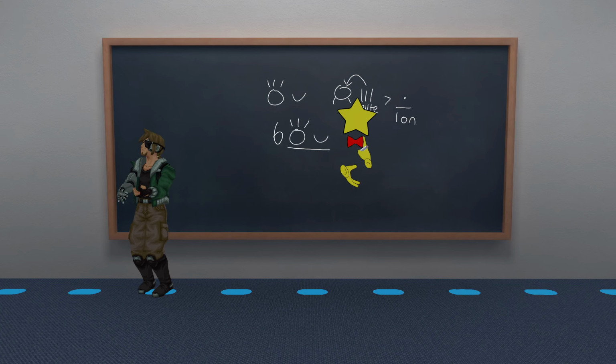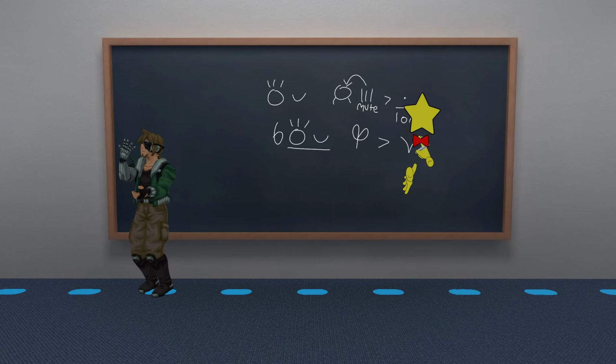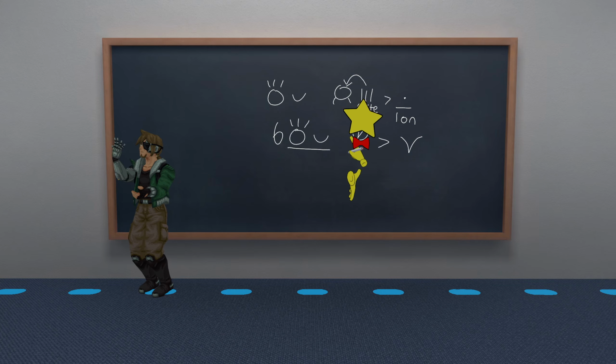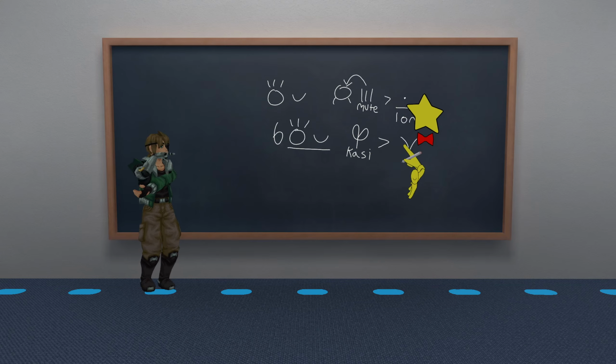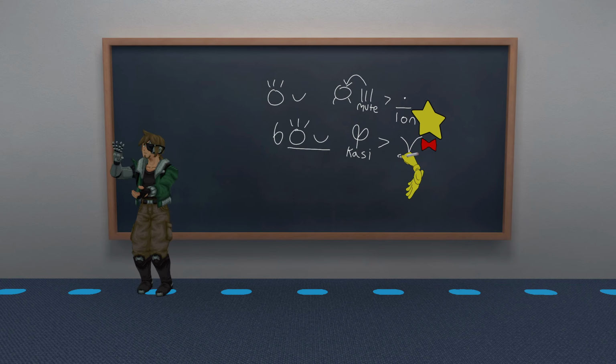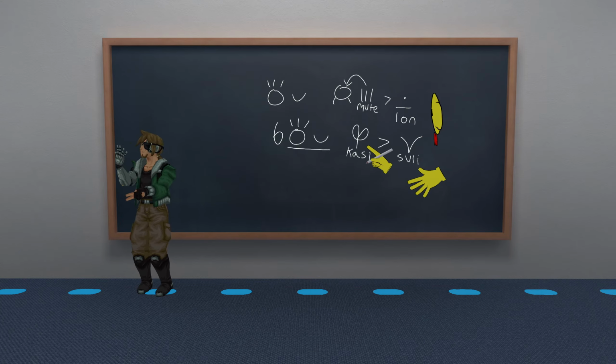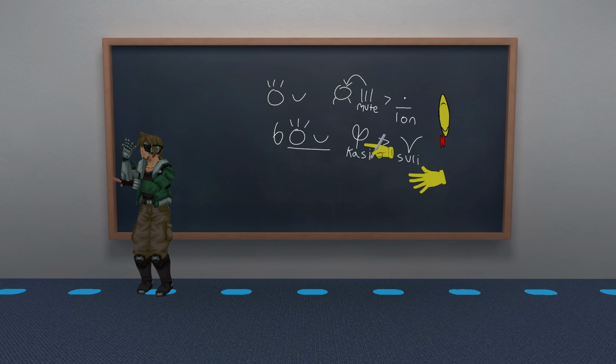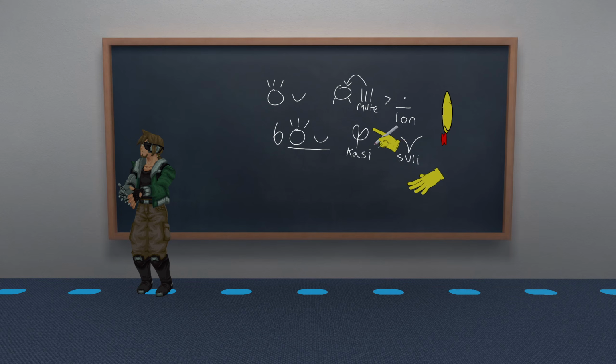Let's introduce another word. Kasi li suli. Kasi is K-A-S-I. Suli is S-U-L-I. Kasi, its symbol is basically a little sprout, a plant.